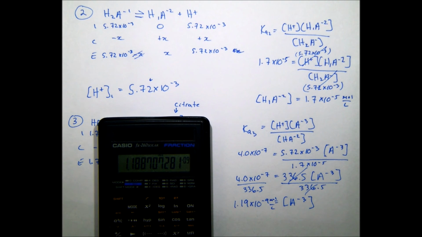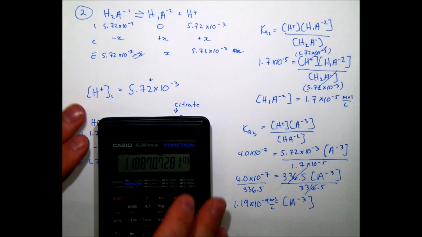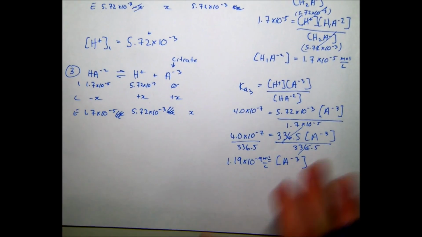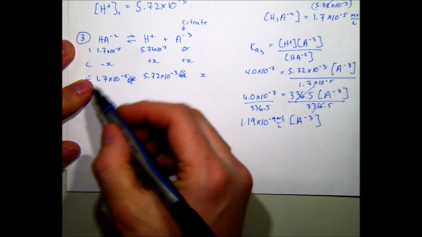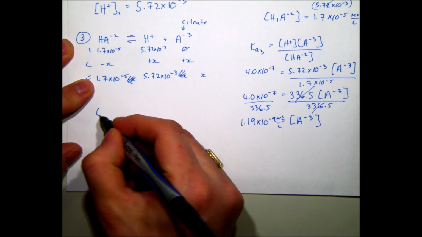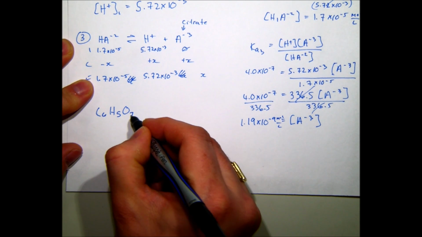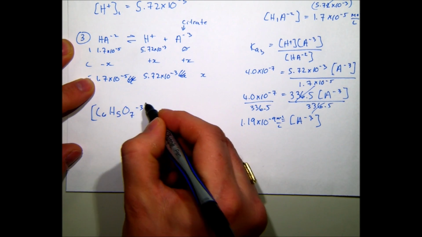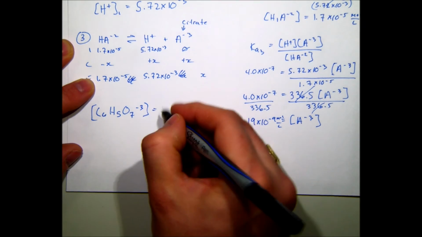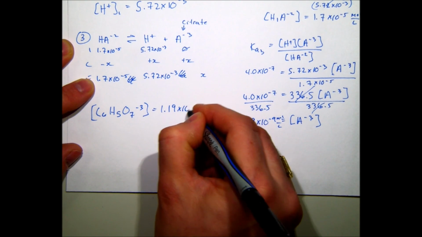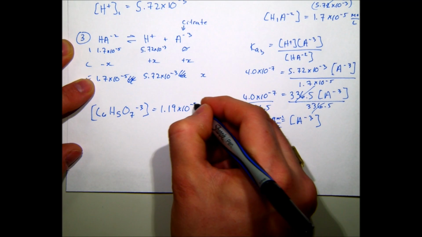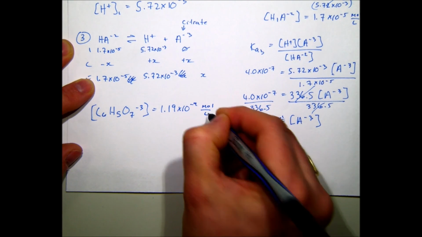So as we continue to have a look at this problem, I think we've solved everything we need to. We need the pH and the citrate ion. So C6H5O7 minus 3, which is citrate, its concentration is equal to 1.19 times 10 to the negative 9 moles per liter.